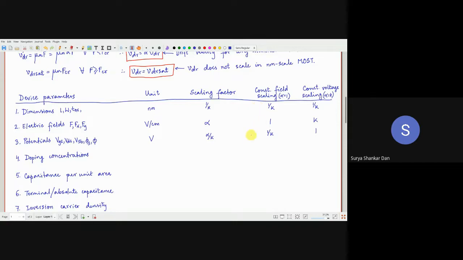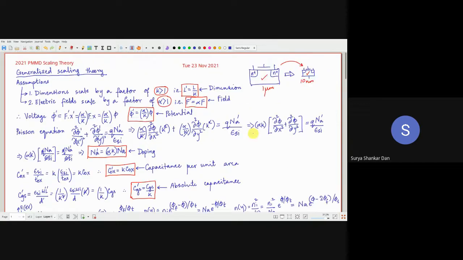Notice that in the olden days, when Intel thought about going for scaling, the easiest approach they thought of was to ground the source terminal and simply keep VDS the same, VGS the same. So that means we are doing constant voltage scaling. The voltage is remaining the same. As I told you, this is the concept of the generalized scaling theory.